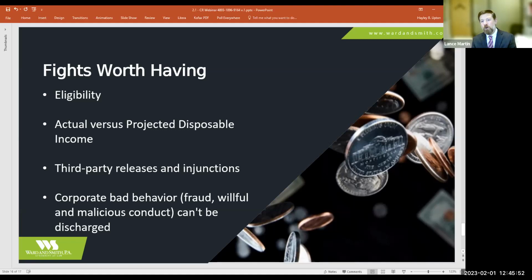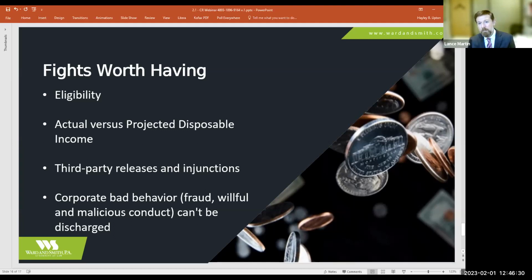This is strongly disfavored in the law. The Fourth Circuit, which is the big court that the bankruptcy courts have to follow, have said time and again that these types of provisions should only be allowed in extremely rare circumstances. But the debtor's attorneys have heard that language and they've interpreted it as, so you're saying there's a chance. And so in every case, they are putting this language in their plans, and you've got to get it stricken.